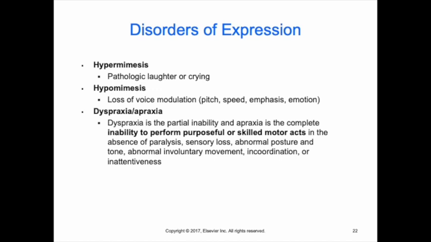Dyspraxia and apraxia are associated with left hemisphere vascular disorders, particularly if a patient has a stroke that affects the left hemisphere, or if there's a brain tumor, infection, metabolic disorder, or any type of degenerative disorder affecting that left hemisphere. And both the motor and sensory neural pathways can play a role in this skilled movement. Okay, so that's dyspraxia or apraxia.